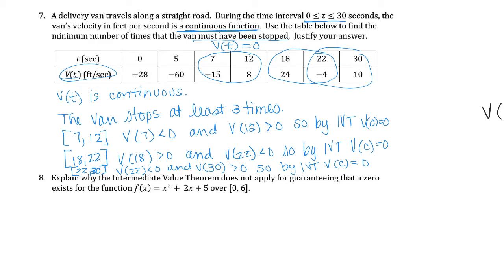All right, so the next problem we have, number 8, is asking us to explain why the intermediate value theorem does not apply here. So we do see that we are continuous, so it's not a continuity issue. So we need to look over at our endpoints, and we see that f at 0 is 5, and we see that f at 6 is 53.